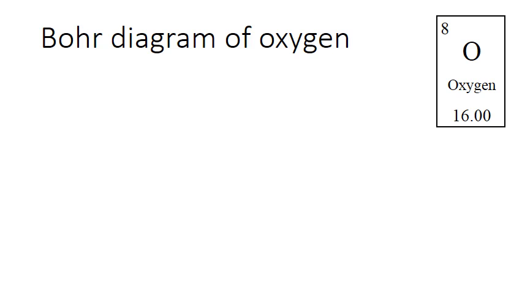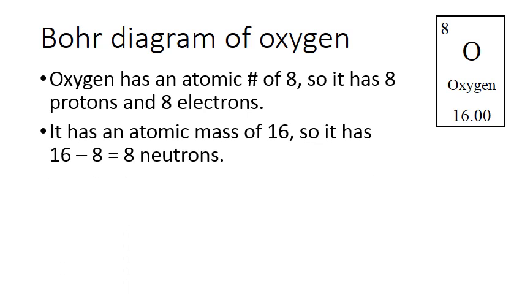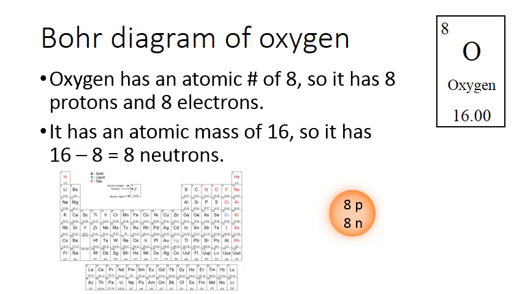So let's do a Bohr diagram of oxygen. Oxygen has an atomic number of 8, so it has 8 protons and 8 electrons. And it has an atomic mass of 16, so it has 16 minus 8, which is 8 neutrons. So here's our nucleus, 8p, 8n. If we look at our periodic table, there's oxygen.